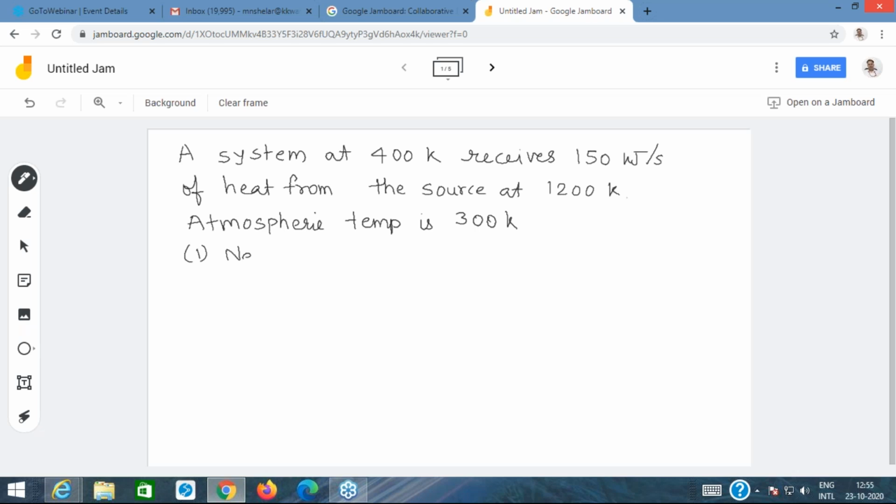the net change in entropy. That is entropy change of the universe or entropy generation. That is to be calculated.